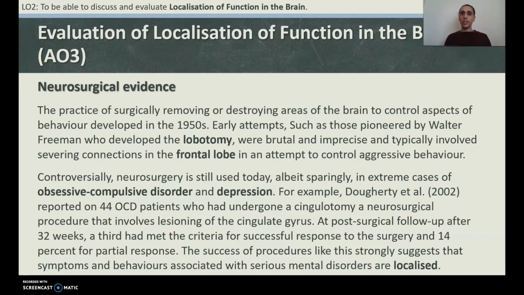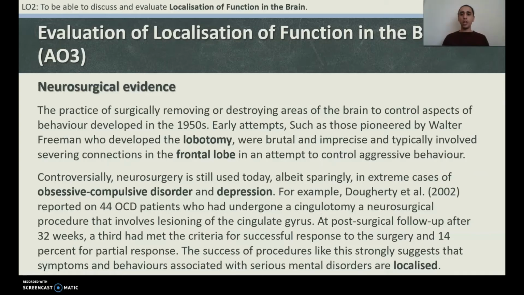Controversially, neurosurgery is still used today, albeit sparingly, in extreme cases of obsessive compulsive disorder and depression. For example, Dougherty et al. reported on 44 OCD patients who had undergone a cingulotomy, a neurosurgical procedure that involves lesioning of the cingulate gyrus.